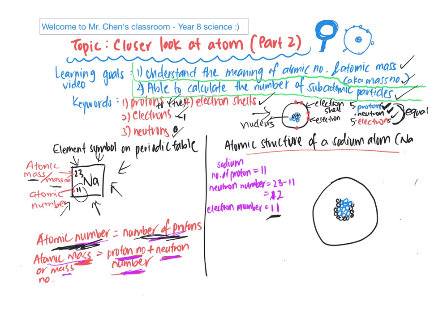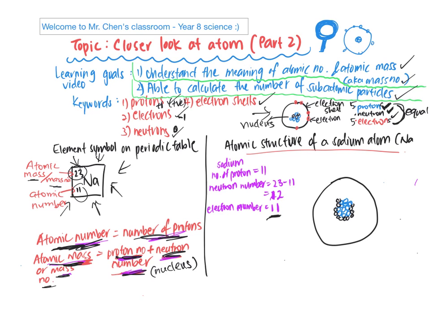The big number 23 represents the atomic mass or mass number. It is the combination of the proton number and the neutron number, which essentially is your nucleus. It is how heavy the nucleus weighs.